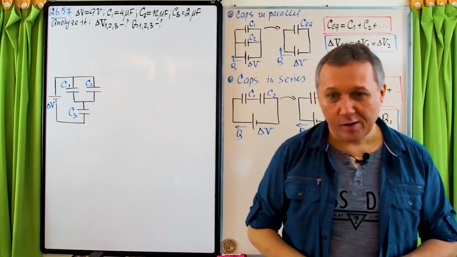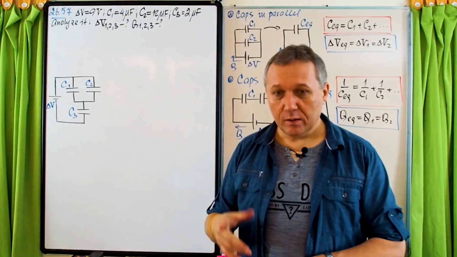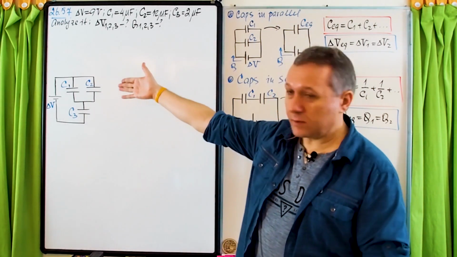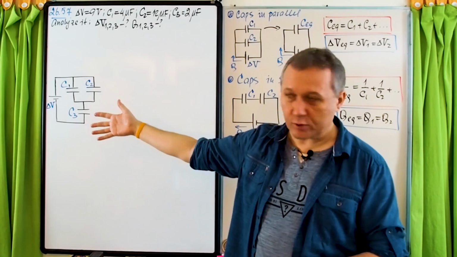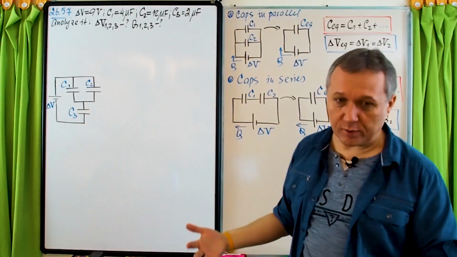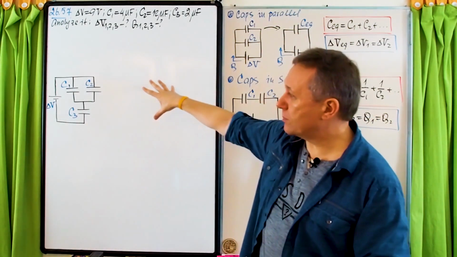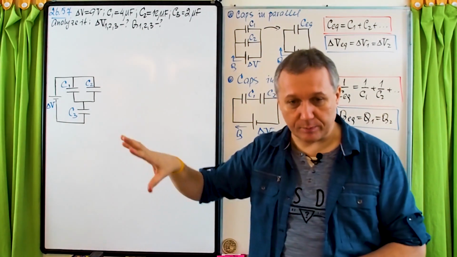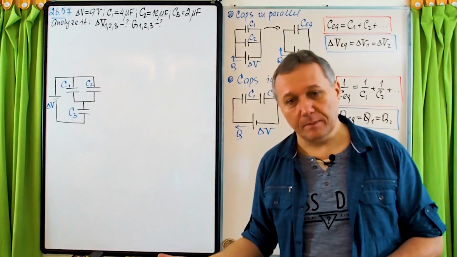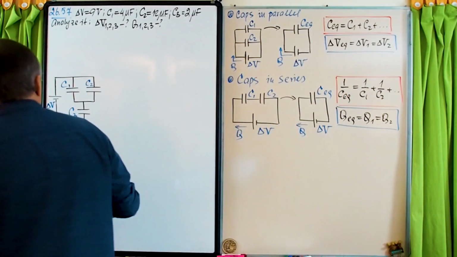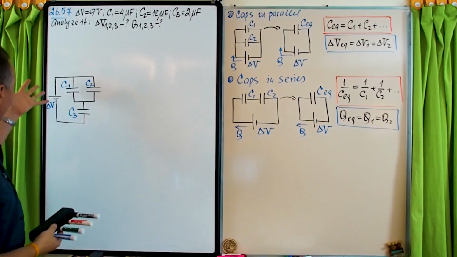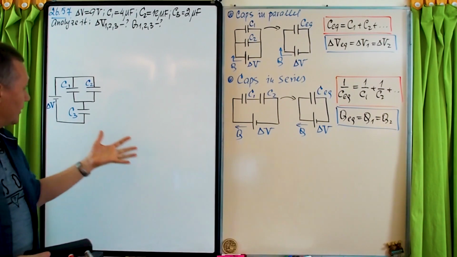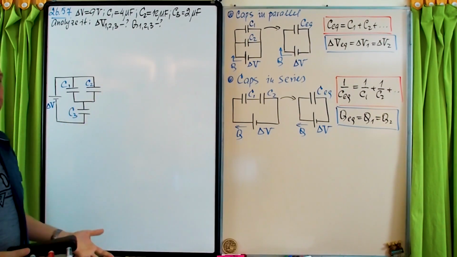And now what can be done? These capacitors are connected in series and in parallel, so this method can be used. First of all, we just need to simplify this circuit to the simplest possible. Why? We'll see. First, I usually ask students, which 2 capacitors out of these 3 are connected either in series or in parallel?